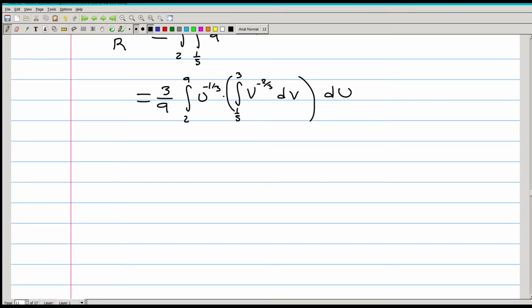This inner iterated integral simplifies very nicely to just being 3 times v to the 1/3, evaluated from 1/5 to 3.